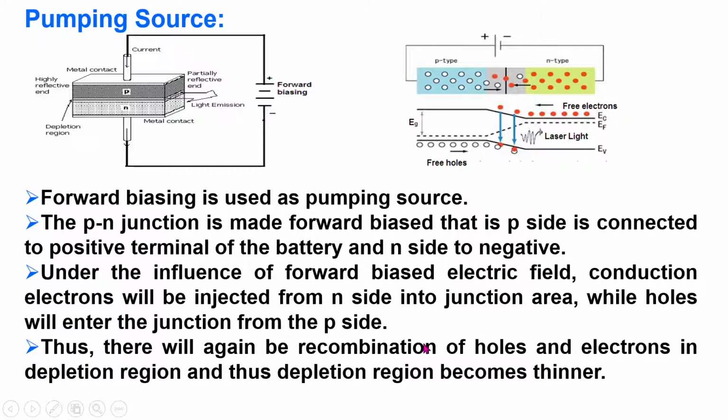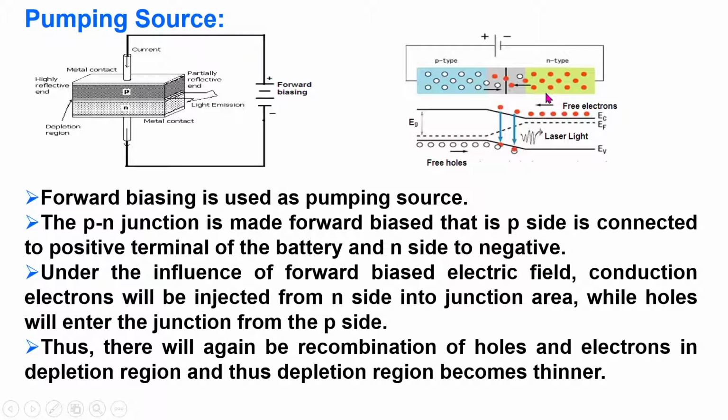And under the influence of the forward bias electric field, as we can see in the second figure after connecting the battery to the P type and the N type, the conduction electrons will be injected from the N side into the junction area, while the holes will enter the junction from the P side.